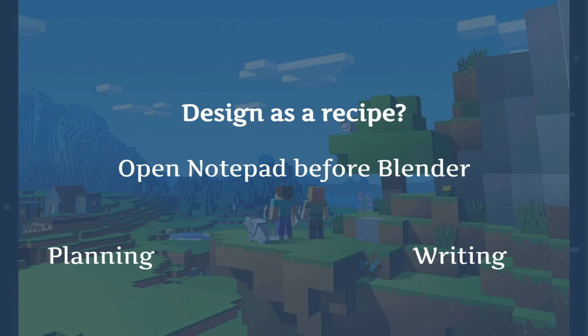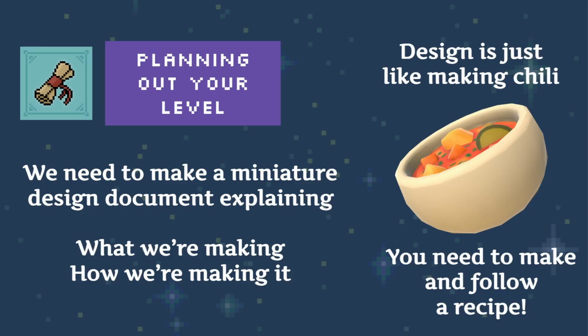So before we think about modeling or designing things that are a lot of effort, the first thing we want to do is make sure we know what we're doing. And I like to use the metaphor of a recipe.